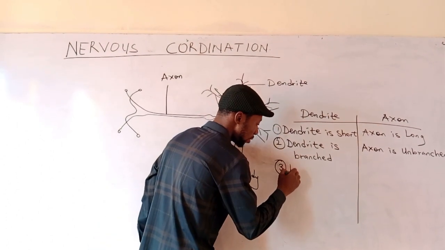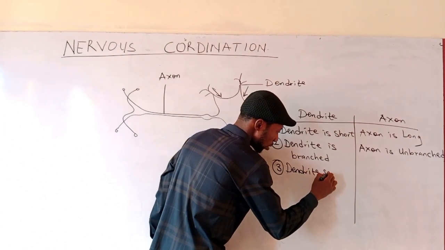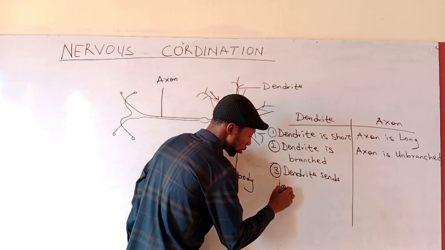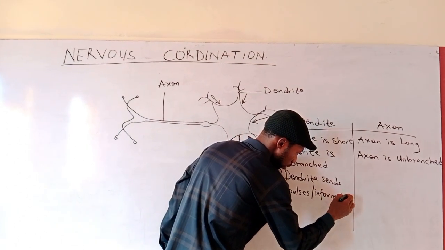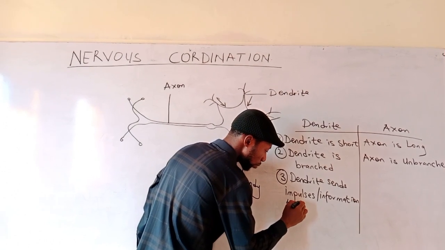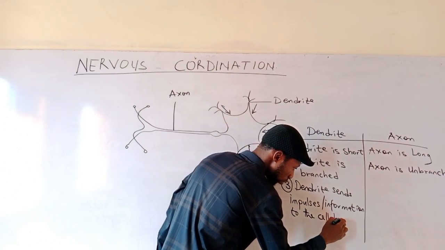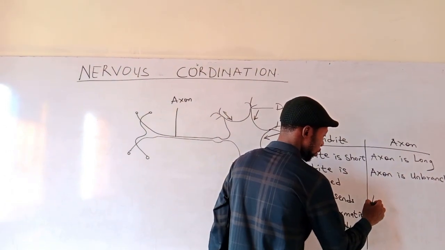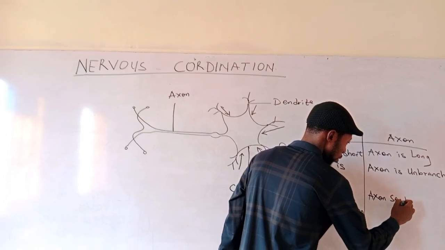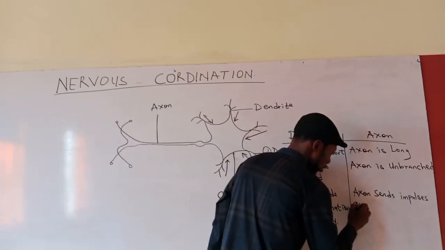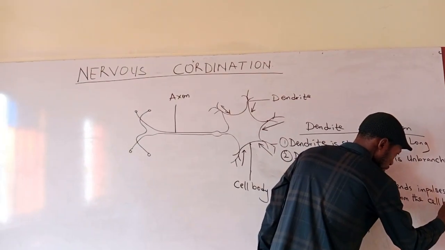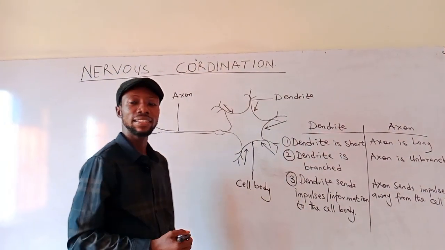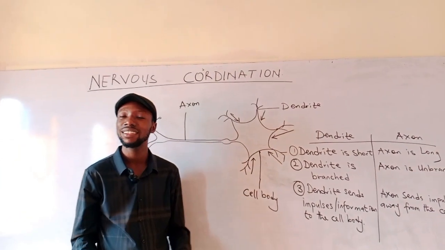The third is that the dendrite sends impulses to the cell body, while the axon sends impulses away from the cell body.